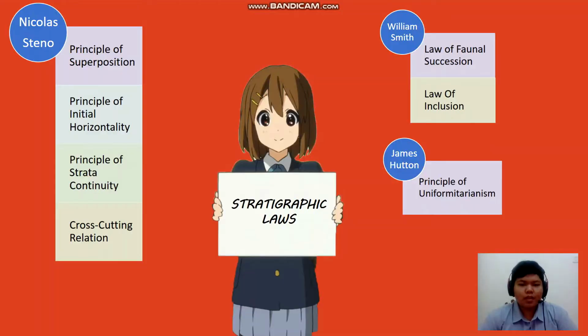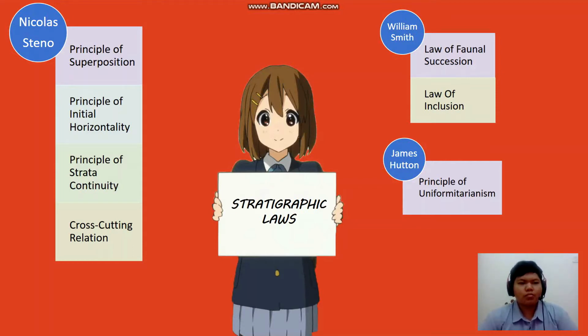Next, we will present and explain the principles in stratigraphic laws. There are three people that created these principles. The first one is Nicholas Steno, the second one is William Smith, and the third one is James Hutton. Nicholas Steno produced four principles.